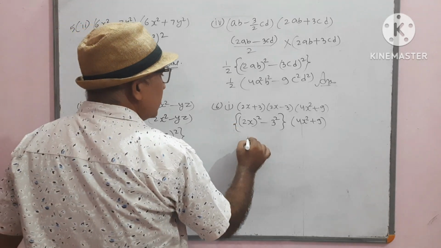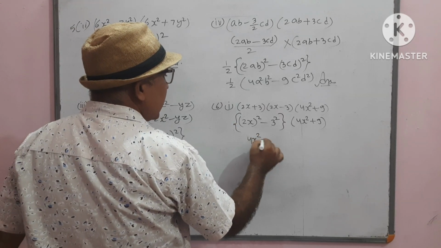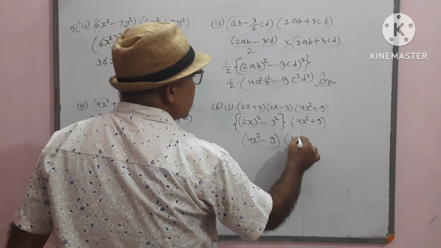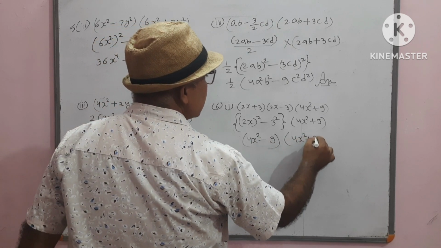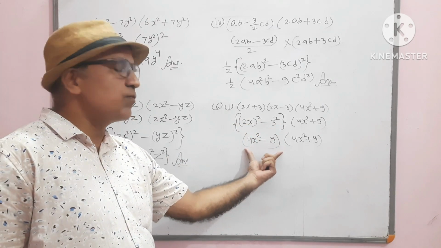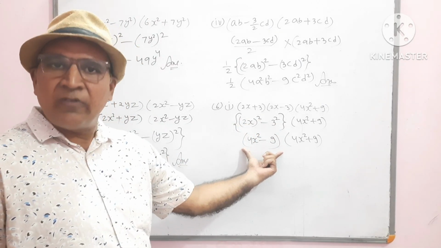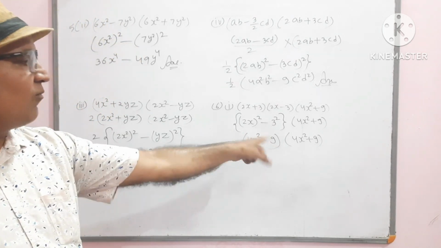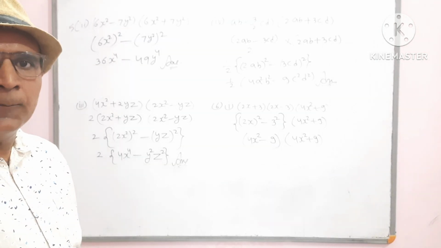Now calculate it. 2 square is 4, x square, 3 square is 9. And this is 4x square plus 9. At the place of curly bracket, I have written a small bracket because there is only one bracket, so I can use it. Okay. Now again watch these 2 brackets carefully.